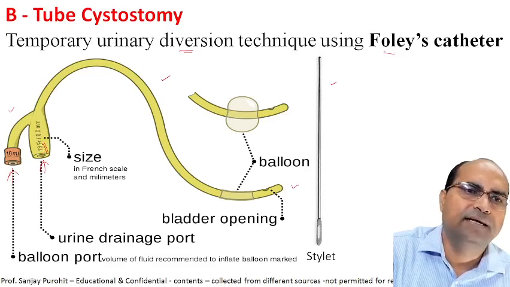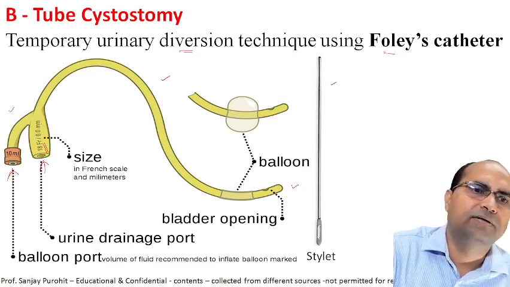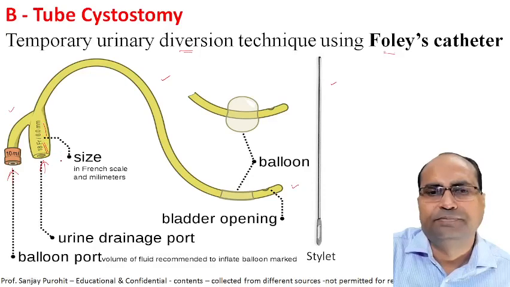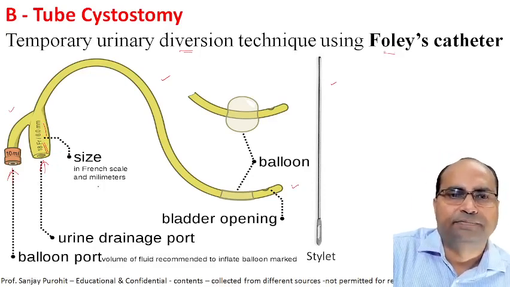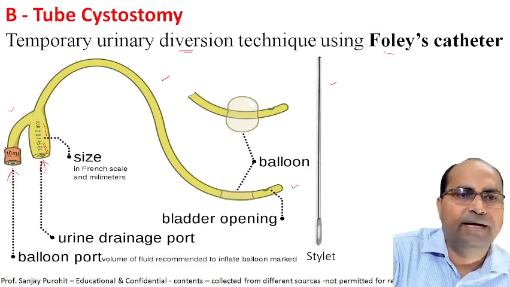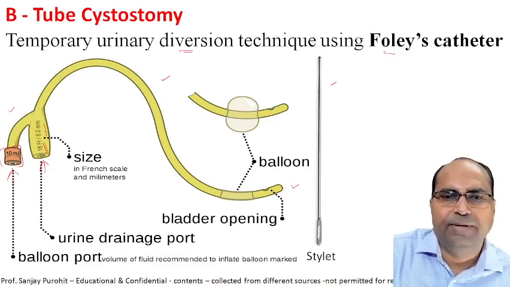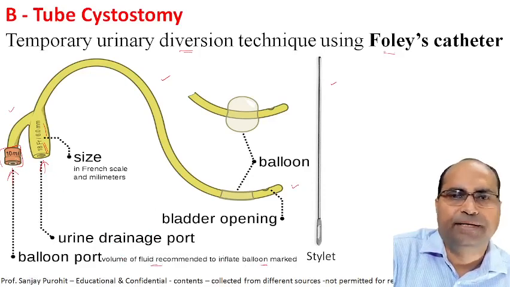This one is 18 FG or 6 mm in size, while the balloon port contains color bands. On this color band, the amount of the fluid recommended to inflate the balloon is printed.